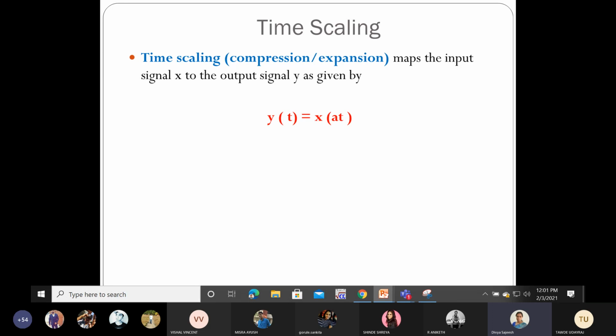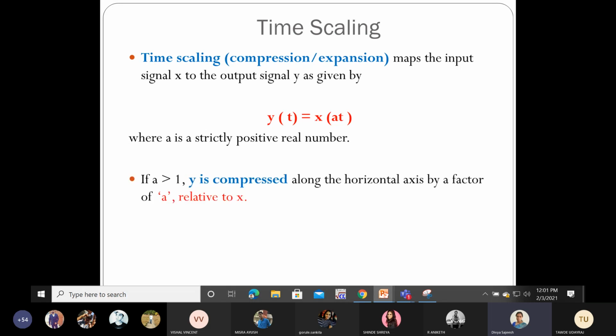If x of t is the signal, while we write the time scaling, we write it as x of at. The scaling factor here is a, where a has to be strictly a positive real number. If a is greater than 1, then y, the signal, is compressed along the horizontal axis by a factor of a relative to x.